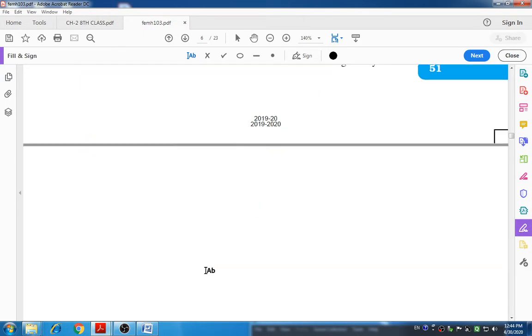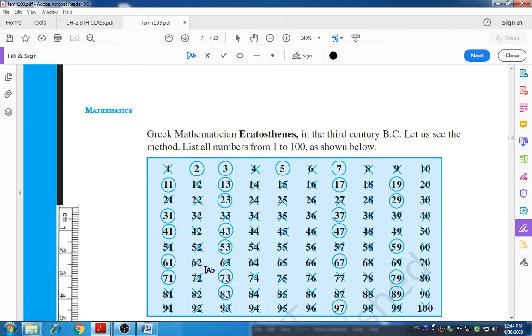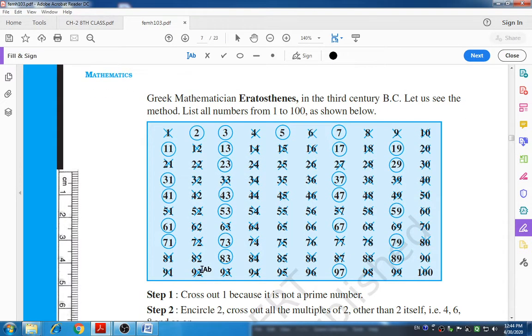Look at this table on page number 52. With the help of the shared link you can open your textbook. These 2, 3, 5, 7 and 11 are the prime numbers, which are denoted by circles. Now look carefully.